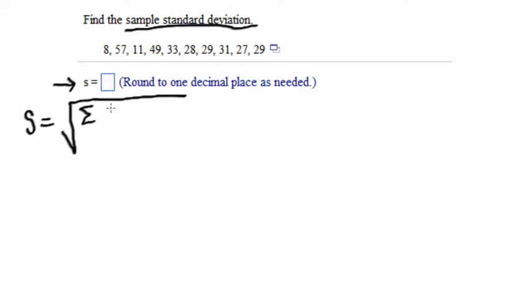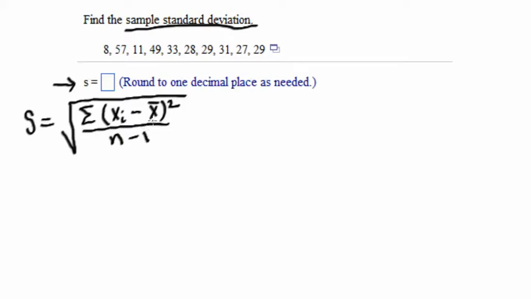Now the notation can get really tricky with the summation notation, so I'll show you what this means in a second. Of each of our x values minus our sample mean squared. And that's divided by the sample size minus 1.